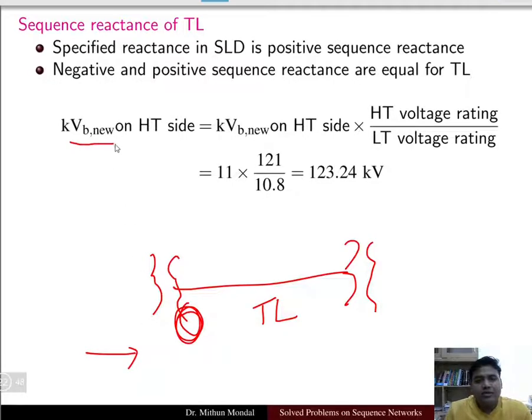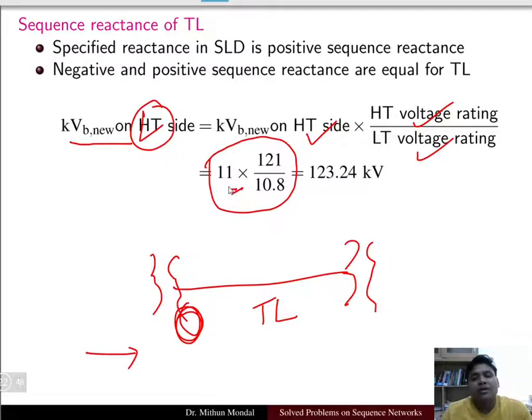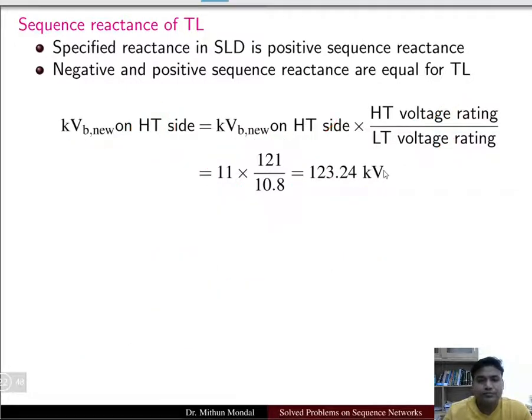So the kilovolt base new on the high tension side of the transformer is the low tension side base into high tension voltage rating by low tension voltage rating. We put in the ratings given on the transformer to find the new base voltage of the transmission line side.